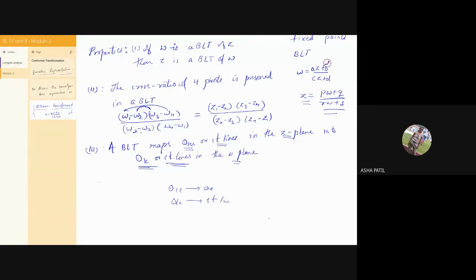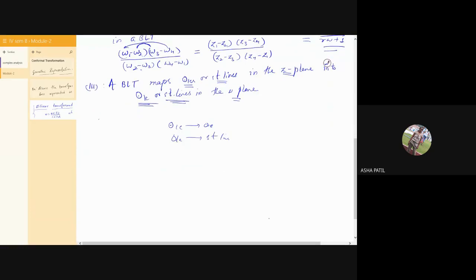So let us go to examples. Consider an example.